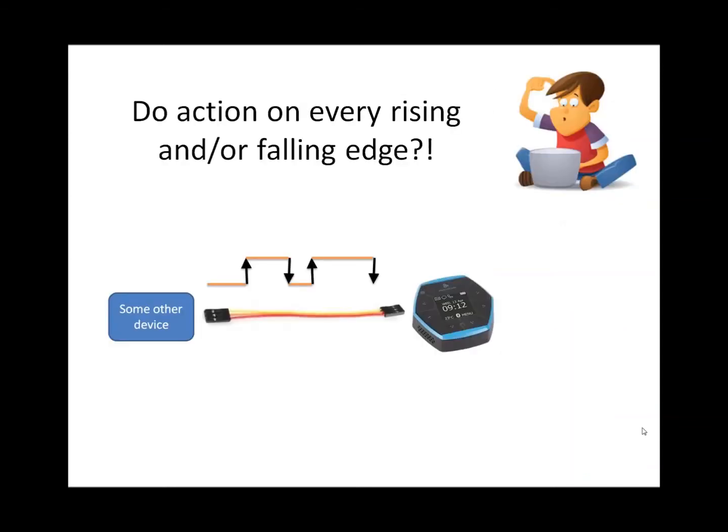So if I would like to do an action at every rising or falling edge in the assignment, it asks you to do an action whenever something outside happens, right? Like this is our hardware, and some other device gives this signal, for example, or maybe a push button or whatever. And it asks you to do an action on every rising or falling edge, or every 10 of them, whatever. So you will have two options.